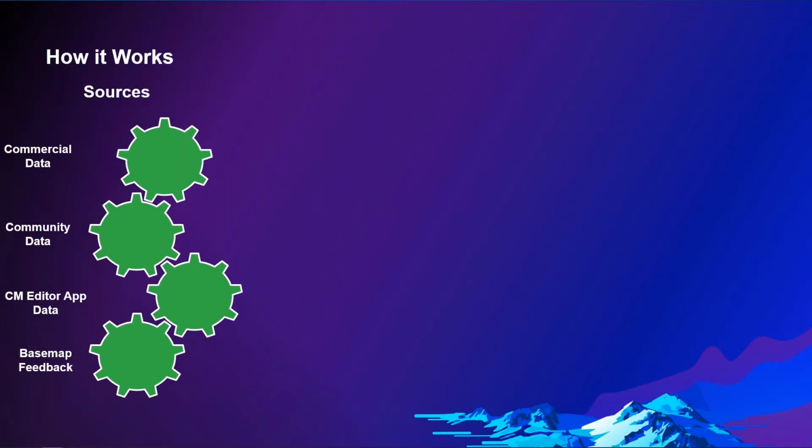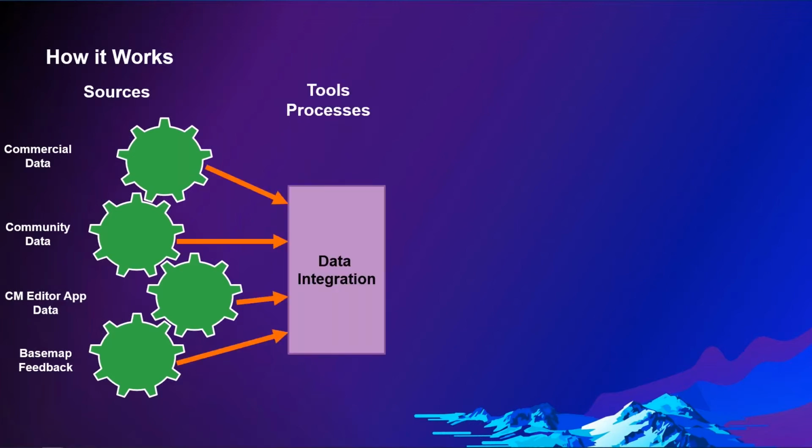And then where we improve information, we will exchange it or append it or integrate it with community data. And of course, we have data from our editor app. We have data that comes in from our feedback services. All of those get integrated with a series of tools and processes that my team and others work on.